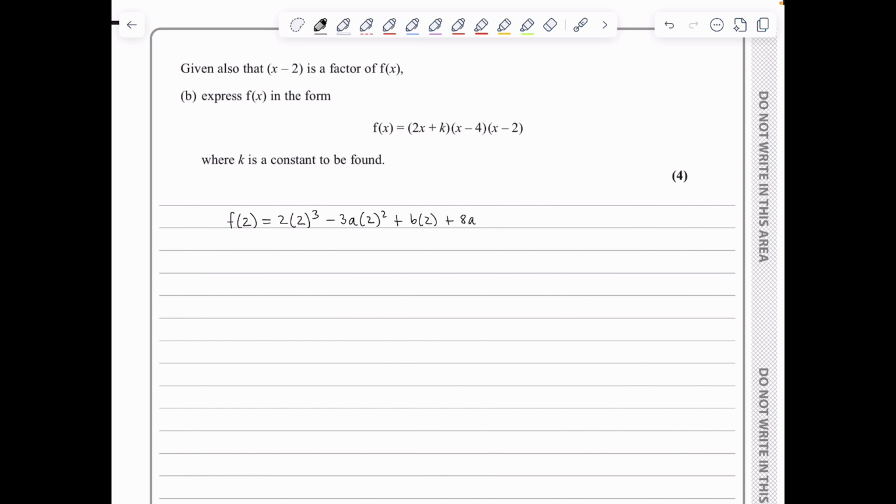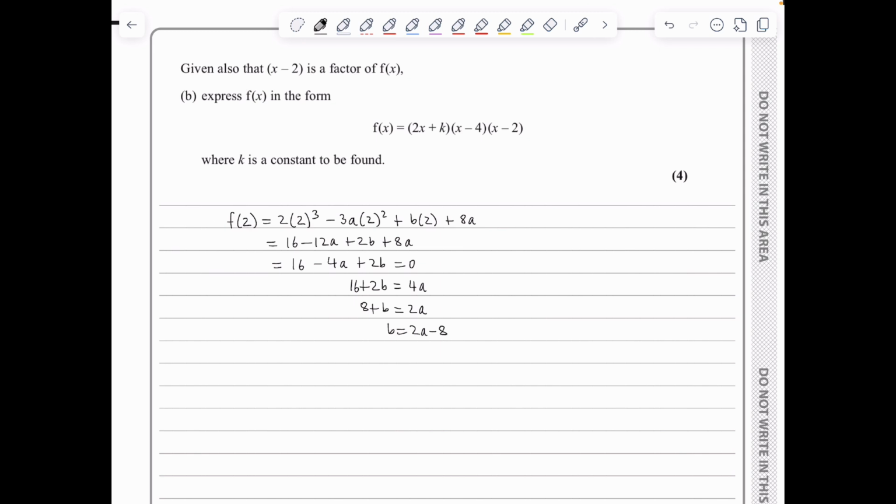This simplifies to 16 minus 12a plus 2b plus 8a, which further simplifies to 16 minus 4a plus 2b, which must be equal to 0 because x minus 2 is a factor. So we're looking at 16 plus 2b being equal to 4a. I will divide throughout by 2 to get 8 plus b is equal to 2a, which leads to b being equal to 2a minus 8.